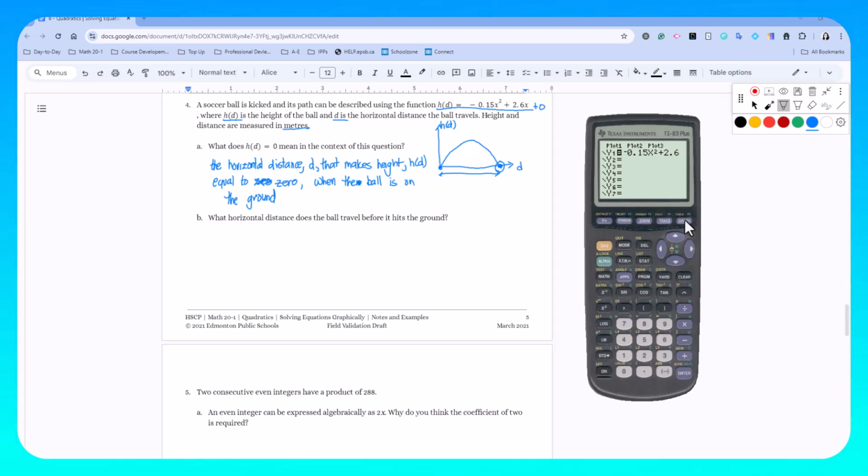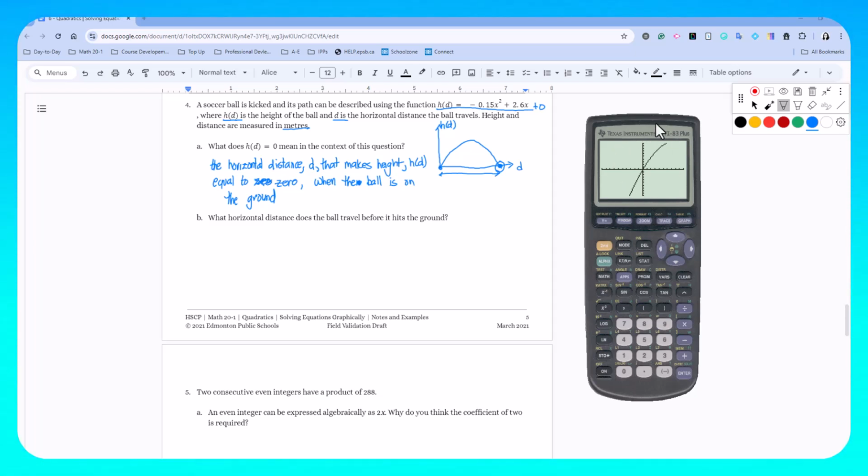And if we graph that, we do it wrong because I forgot the x. There we go.